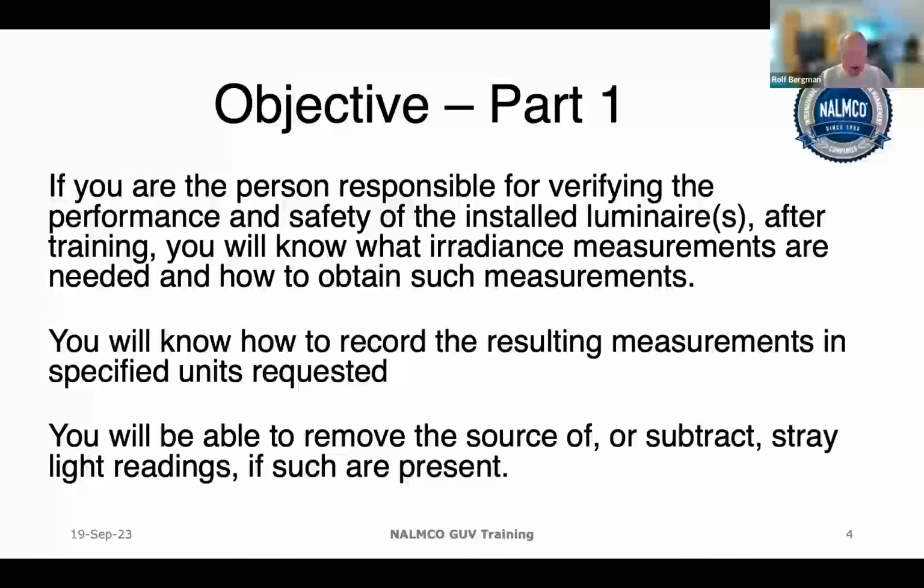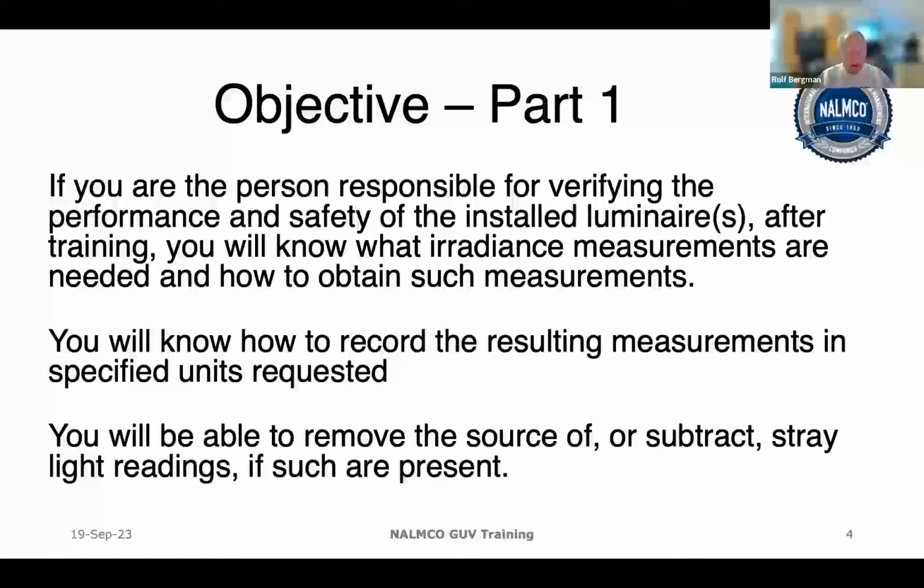So the objective, if you're a technician responsible for verifying the performance and safety of the installed luminaire: after this training, you'll know what irradiance measurements are needed and how to obtain these measurements. The measurements will be recorded in specified units.